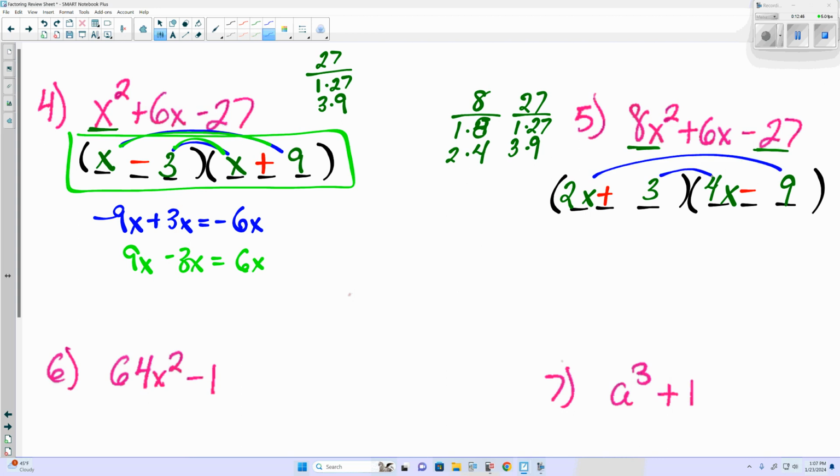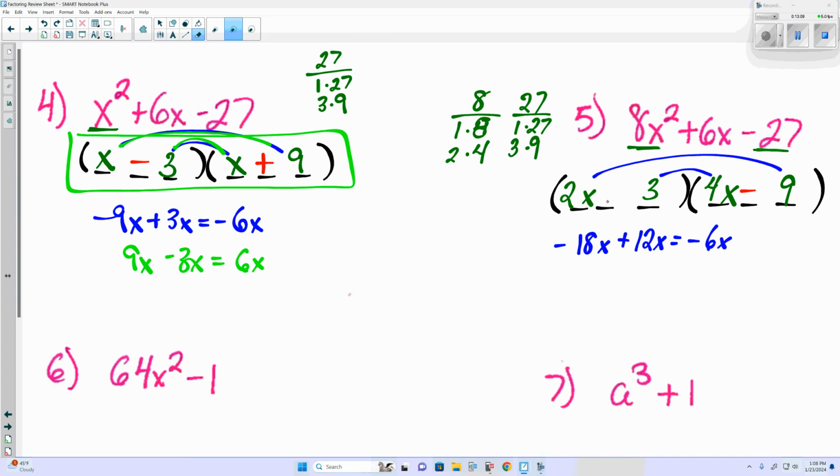And at this point here, we can check this. 2x times negative 9 would be negative 18x. 3 times 4x would be plus 12x. Negative 18x plus 12x is negative 6x. So we just need to switch the signs.